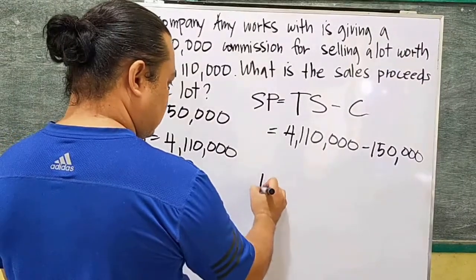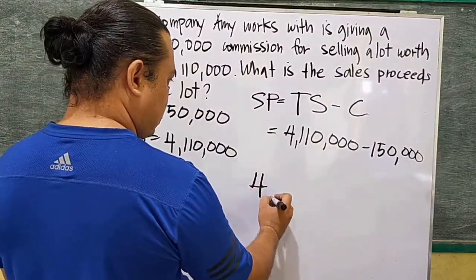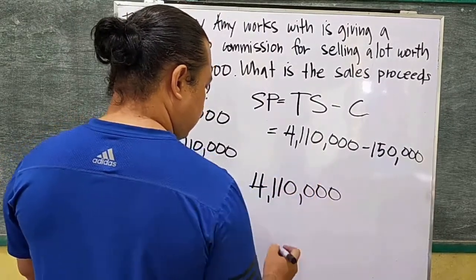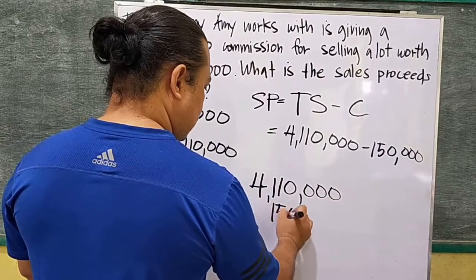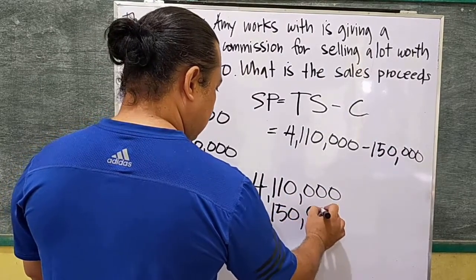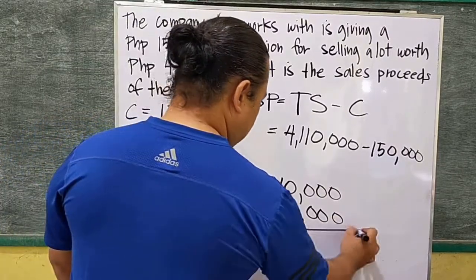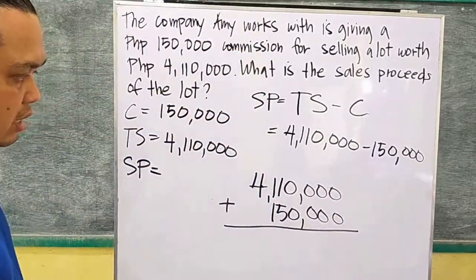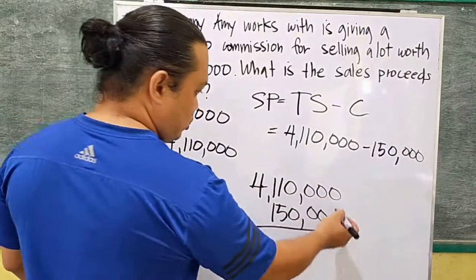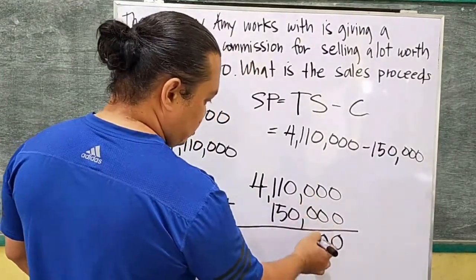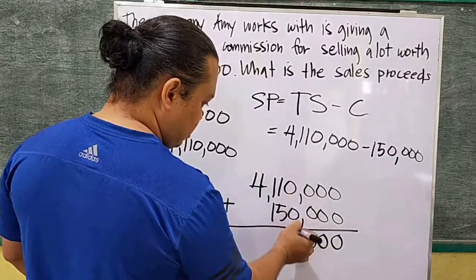So let's do that. Arrange the numbers vertically, 4,110,000, and align all the last digits, so that all the place values are aligned also. Okay, so let's subtract. So 0 minus 0 is 0. 0 minus 0 is 0. 0 minus 0 is 0. 0 minus 0 is 0.